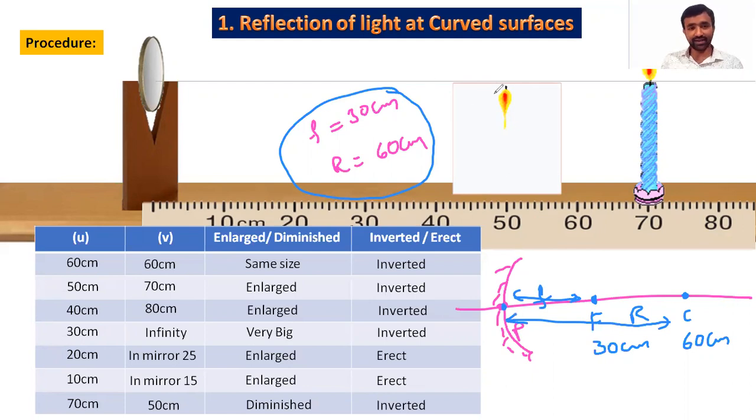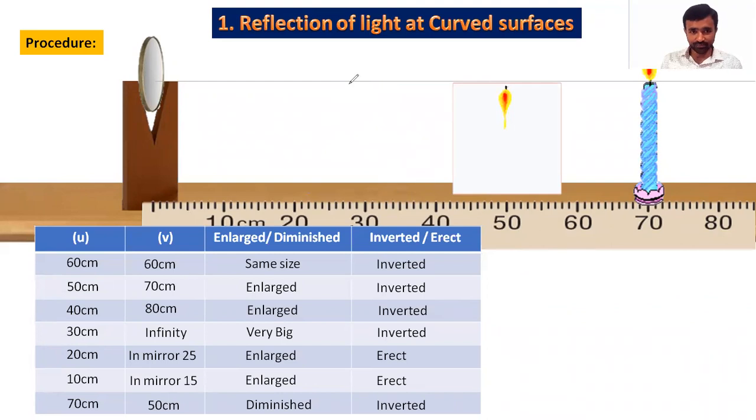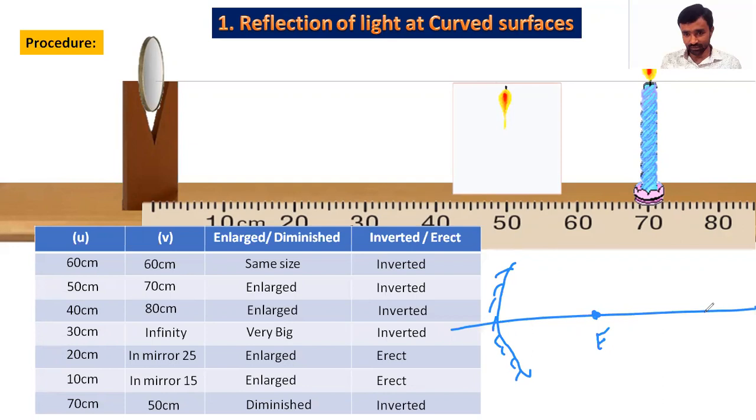Then look here. Simply, I have a mirror here, right? With known F and known center of curvature. Look here. I am using an arrow as the object.